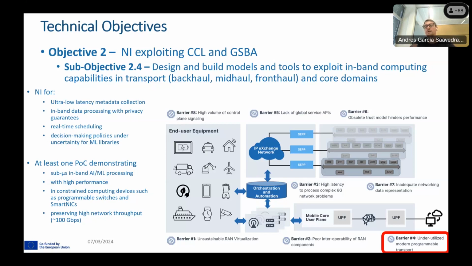As data flies from the user equipment to a data center, it passes by many devices that have computational capabilities. The idea here is to exploit all these capabilities to alleviate the computational burden at the end, and therefore provide high-compute services with very low latency.